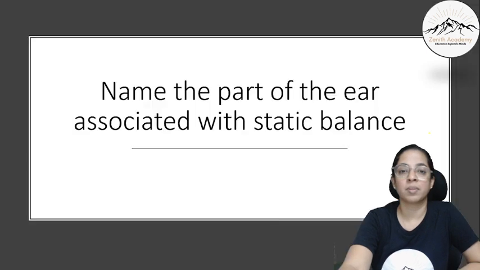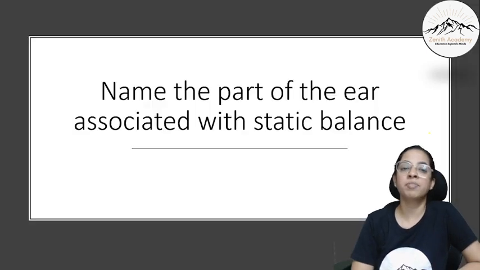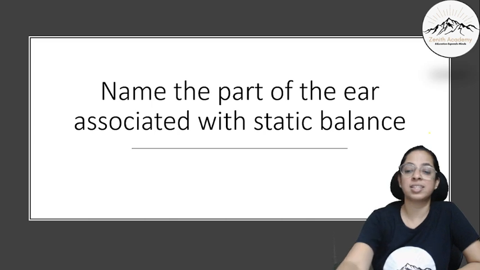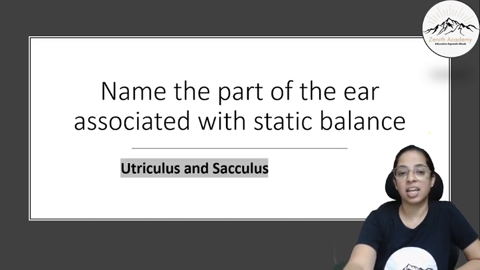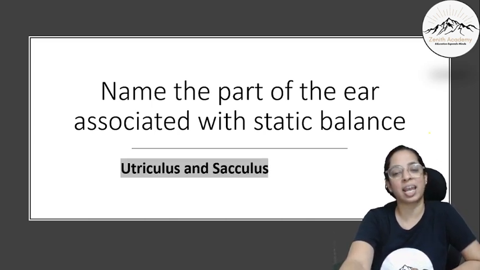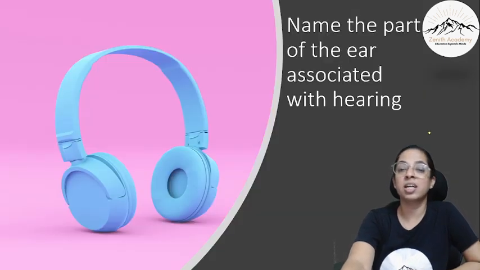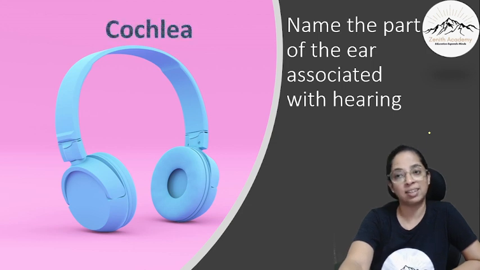Very good. Next, name the part of the ear associated with static balance. Yes, utriculus and sacculus. Very good. Name the part of the ear associated with hearing. The answer is cochlea, because they have asked you the part of the ear.